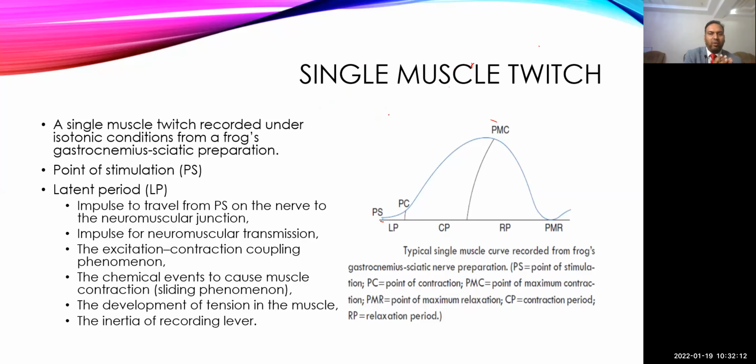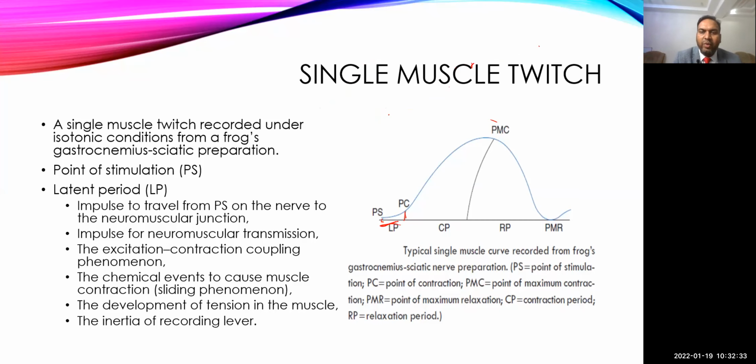So it is the time at which it is stimulated, and then after a fraction of a second it will initiate the contraction in the muscle. The time taken from the point of the stimulus till the initiation of the contraction movement is called the latent period. So it is the start of the contraction phase.